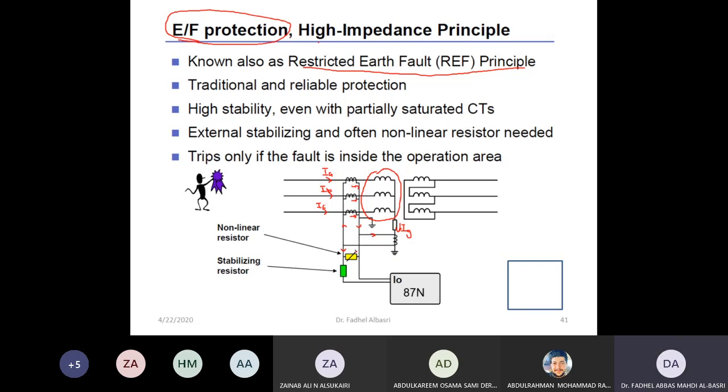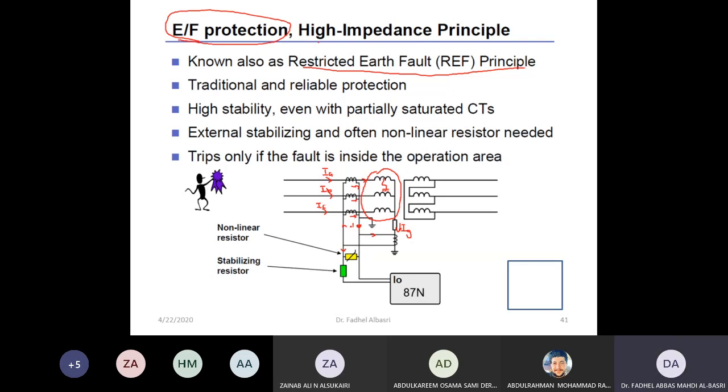Now, when there is a fault somewhere in the transformer, in the star transformer, like a fault here, then I have currents here much larger than the currents in the normal operating conditions and the other phases. So if you sum these three currents now, it is not equal to zero.